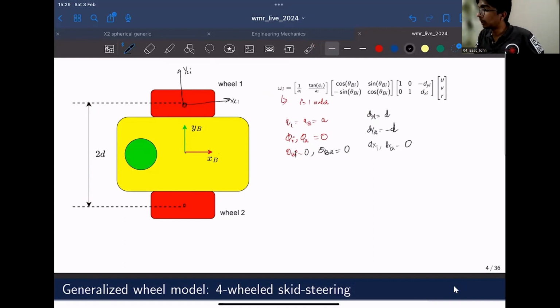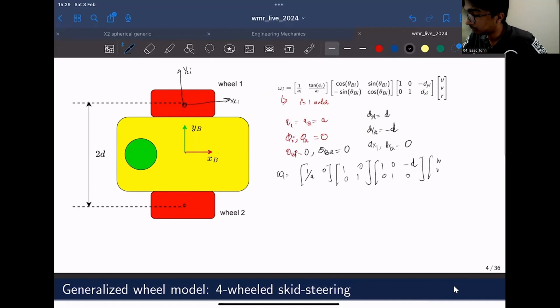Right? So if you plug all these parameters into the generalized wheel model, you will get an expression something like omega 1 would be 1 by a, [1 0 0; 0 1 0] times [1 0 minus d; 0 1 0] times [u, v, r].